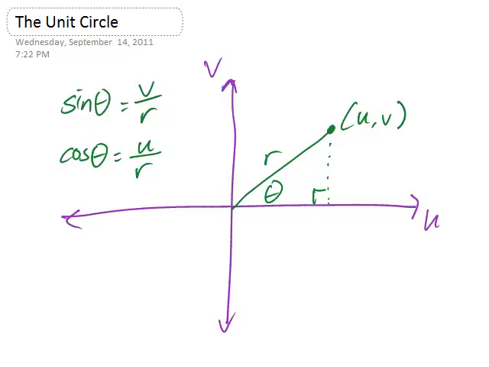So we said, why don't we make r 1? Why don't we make this hypotenuse 1? So when you do the division in sine and cosine, you get just v and u. You don't have to divide by the square root of whatever, which isn't too bad, but if you don't have to, why do it?